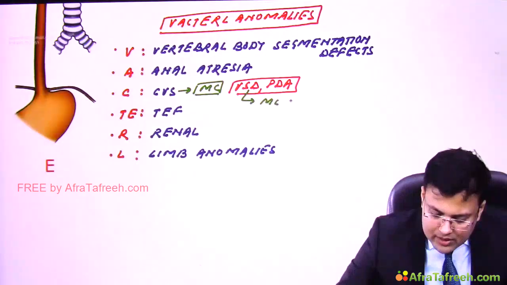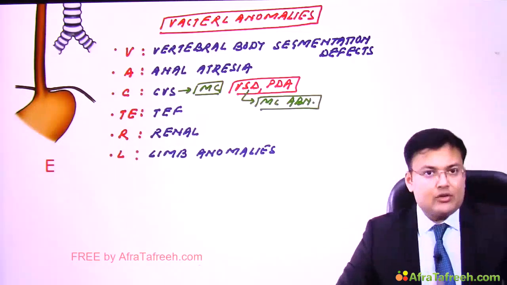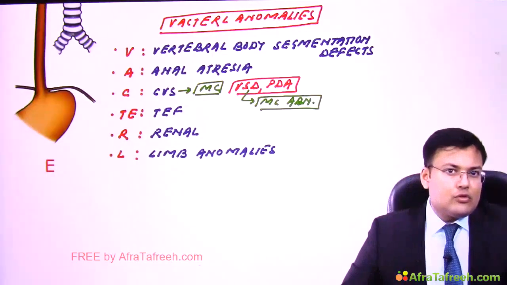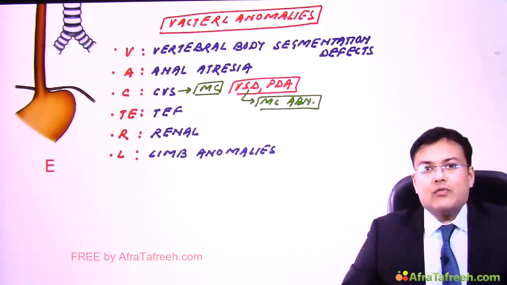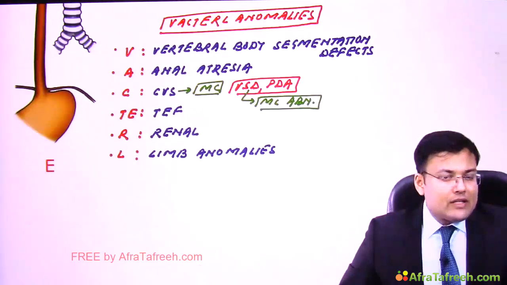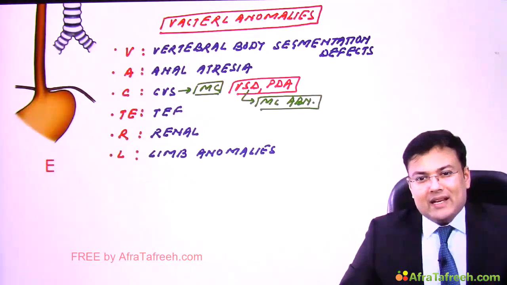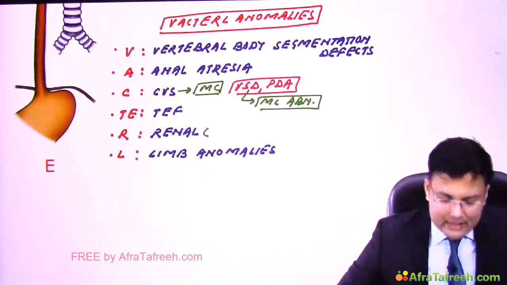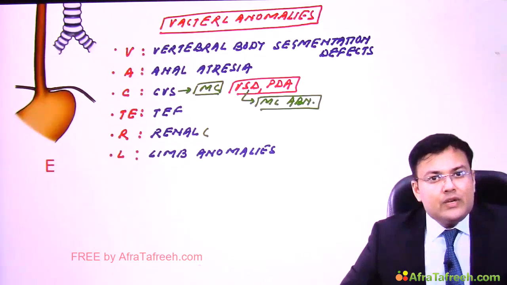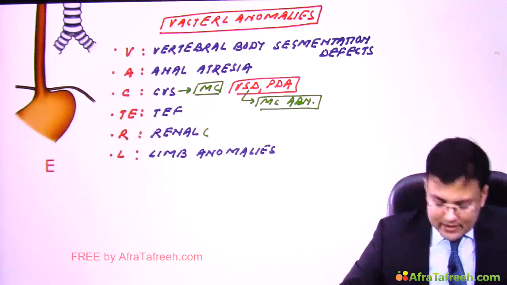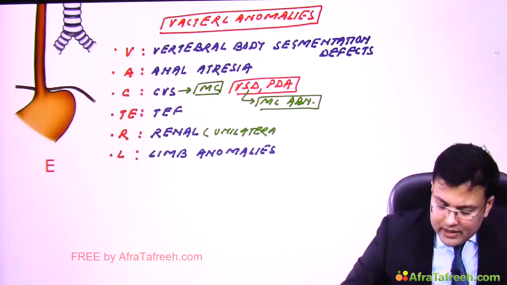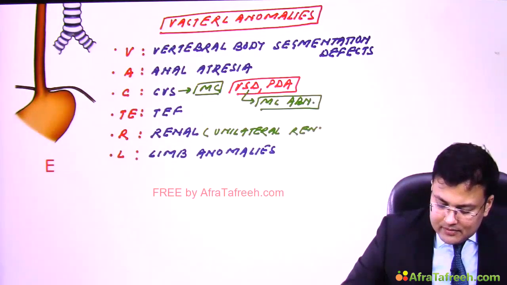The most common abnormality is ventricular septal defect. So I'm repeating two questions. In tracheoesophageal fistula, most common abnormality is cardiovascular, and in cardiovascular the most common abnormality is ventricular septal defect. What kind of renal abnormality is seen? These patients have unilateral renal agenesis.